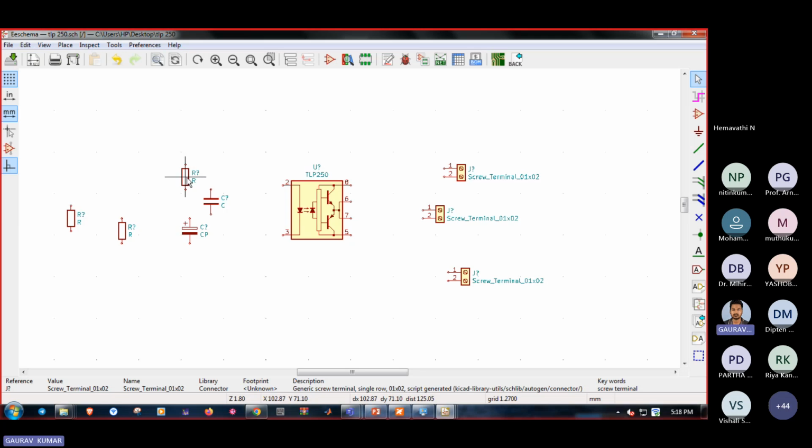If you want to rotate it, then please press R, and it will rotate. And when you want to move something, you keep the cursor on the thing you want to move, then press M, and it will move. Okay, so place it here.